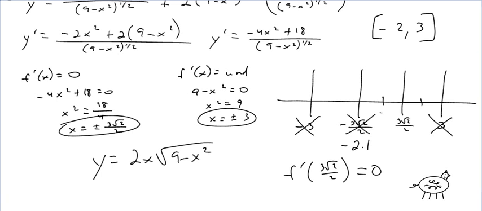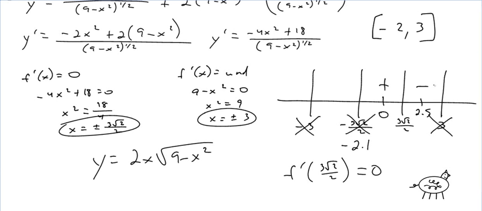I'll do 0, 0 is a nice number, and since that's 2.1, I'm going to do 2.5. And if I check those values out, I wind up getting positive here, and I get negative here.